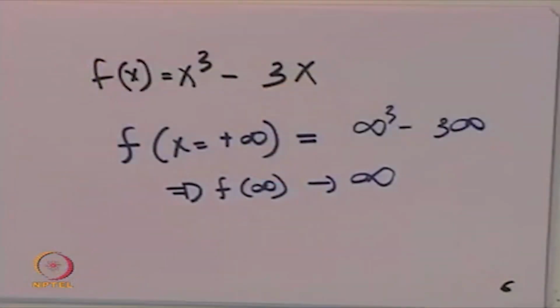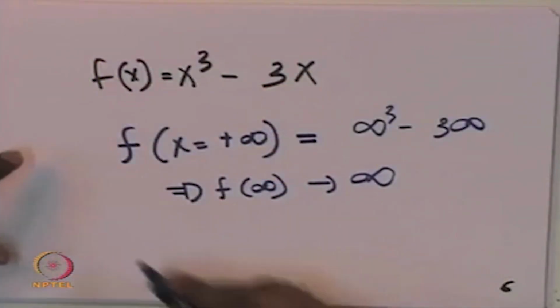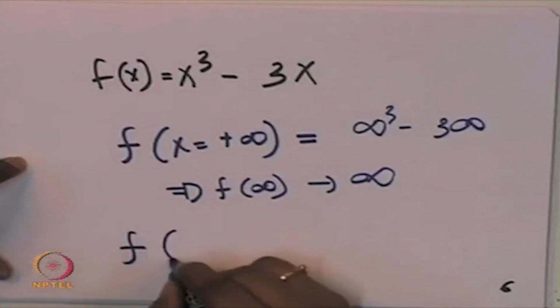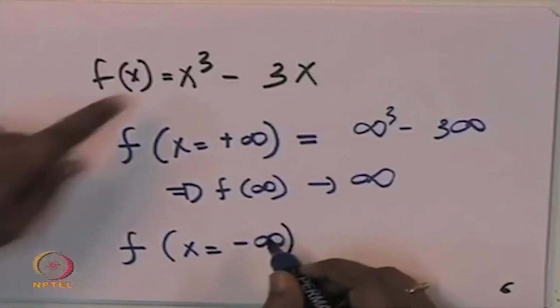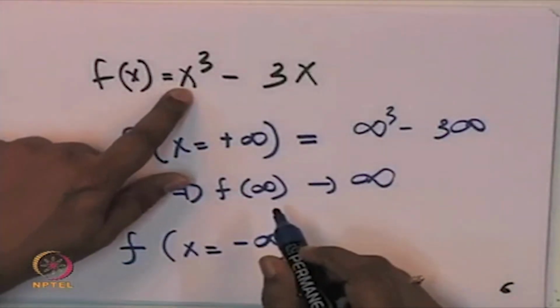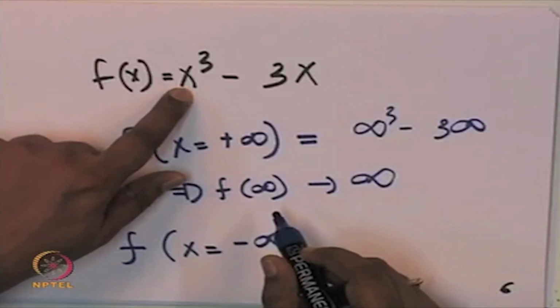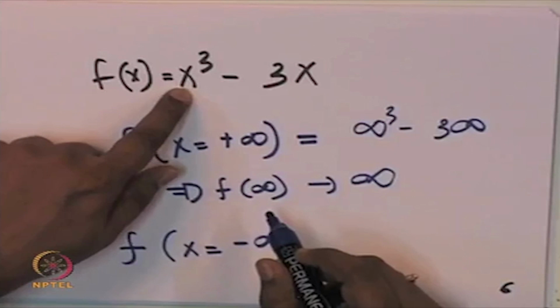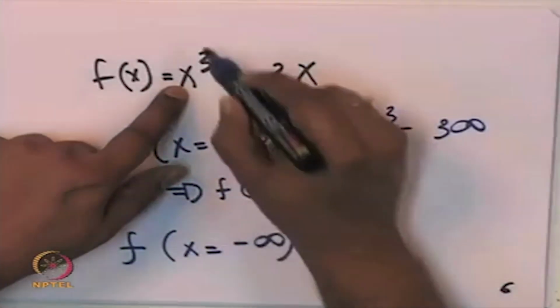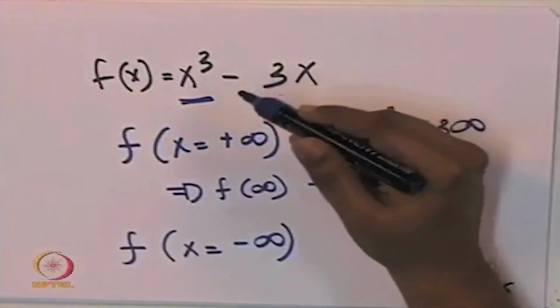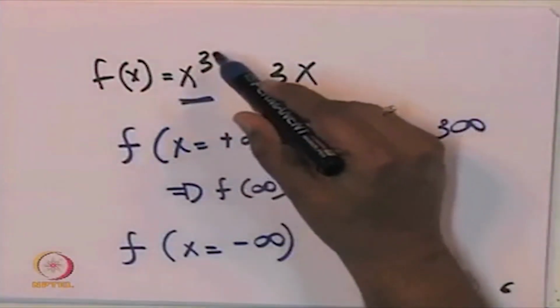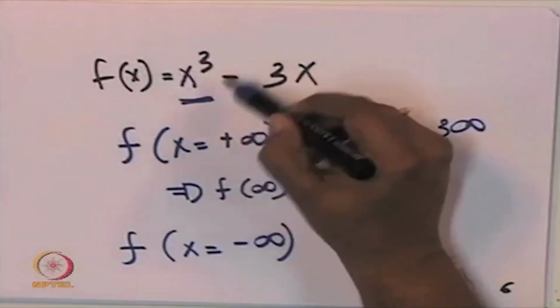The next point we want to find out is at x equal to minus infinity, what will be the value. Look at this function. If you put minus infinity here, minus infinity cube, there will be a minus sign. This is the dominating term. When x is very large, x cube is the dominating term.